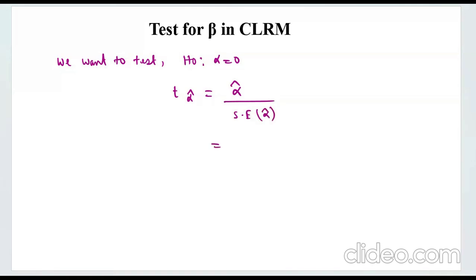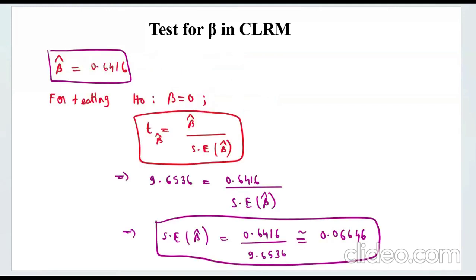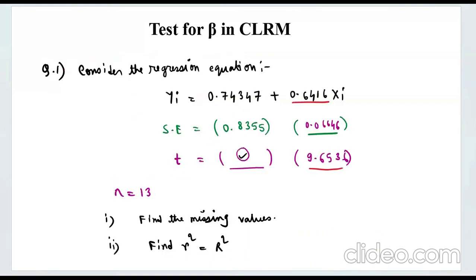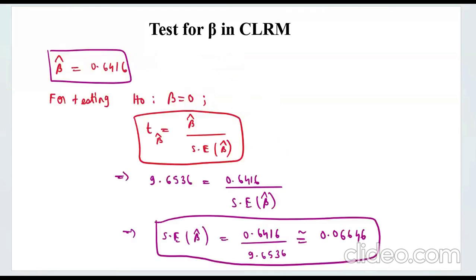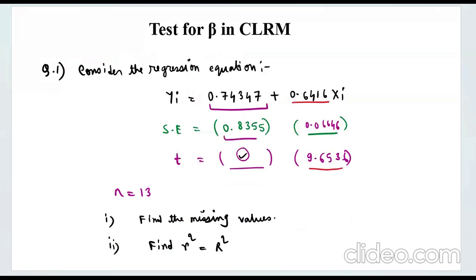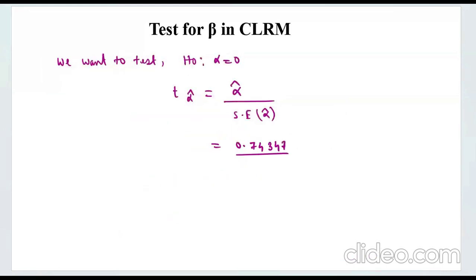Now you know both these values. What is alpha cap? Alpha cap is 0.74347. And what is standard error of alpha cap? This is also given to you, 0.8355.